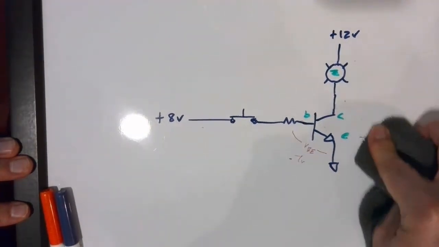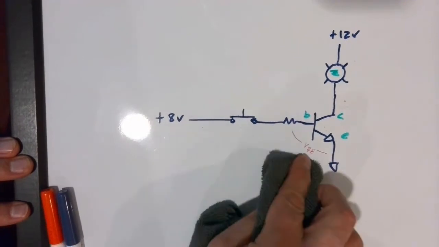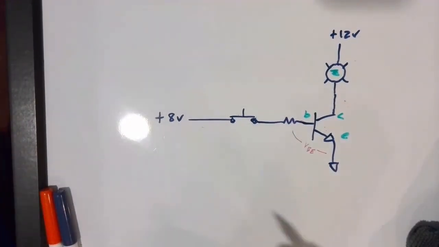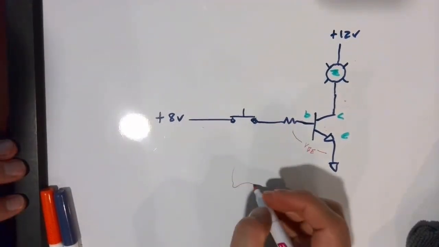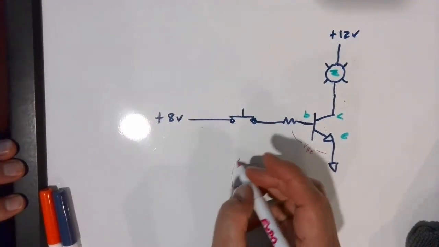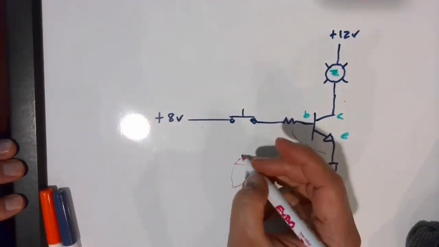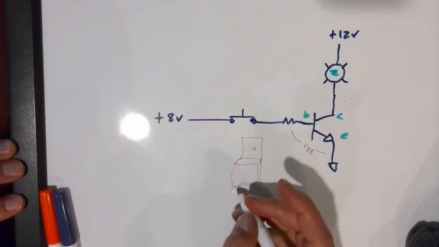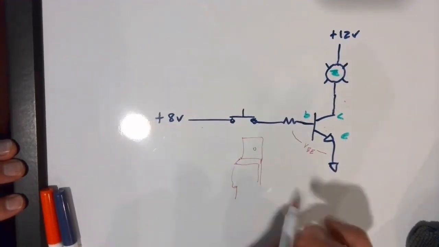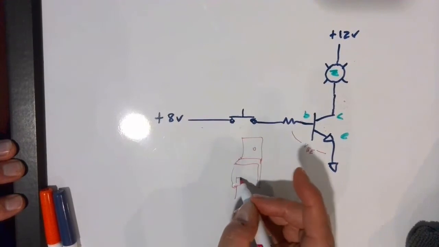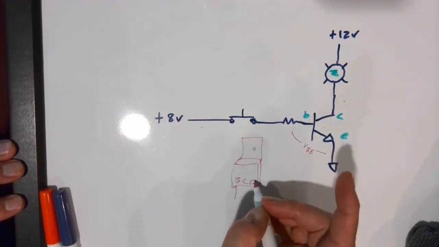So if we take a look at, for example, let's say we're trying to measure our VBE, how would we do that? Well, our transistor looks something like this. We have our base, collector, and emitter.